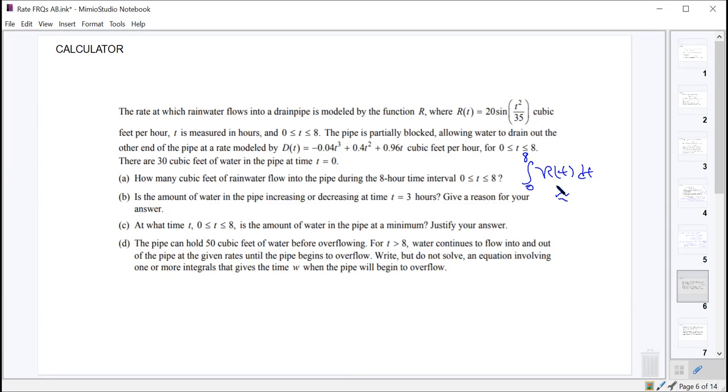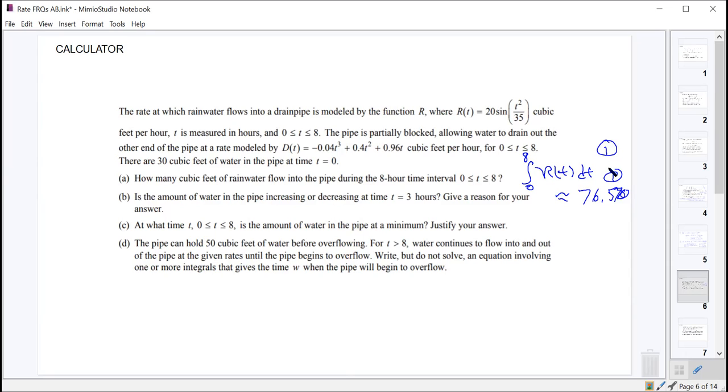Anybody? 76.570. Wonderful. That was worth 2 points, 1 for the integral, 1 for the answer.